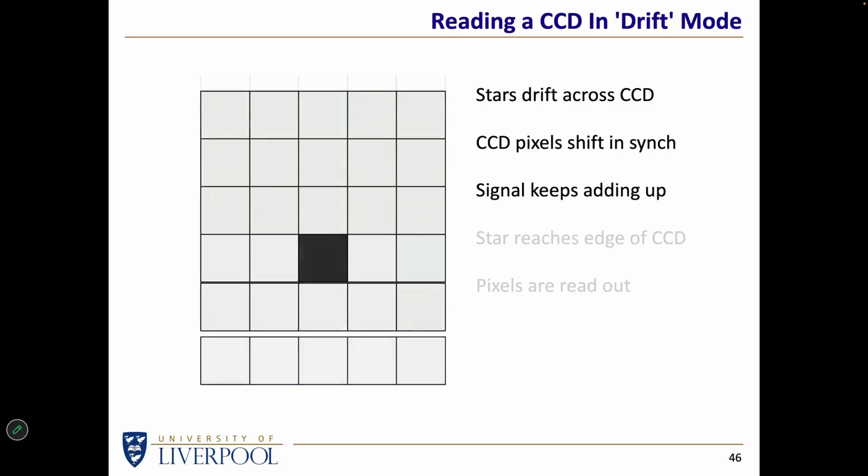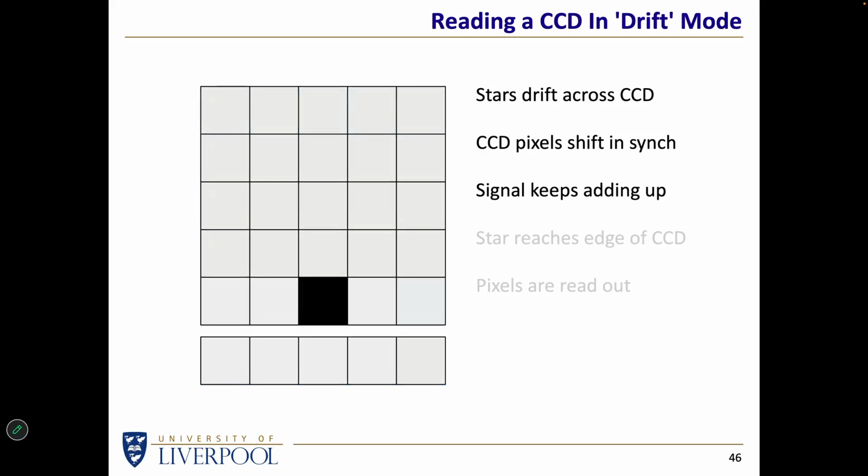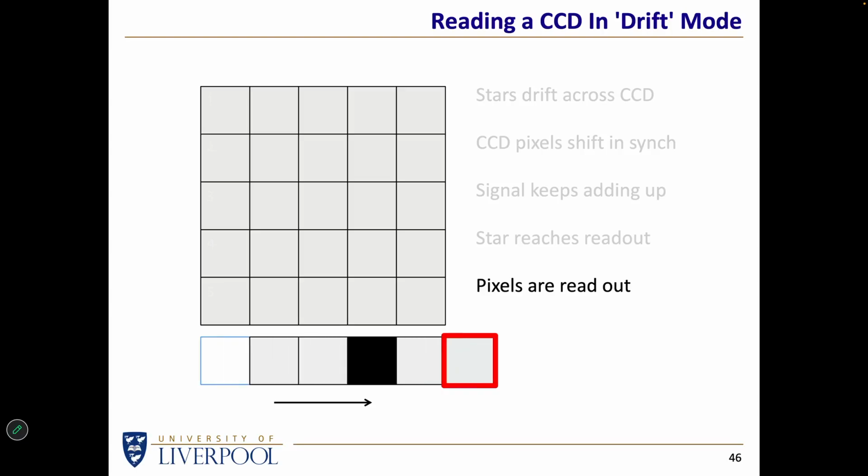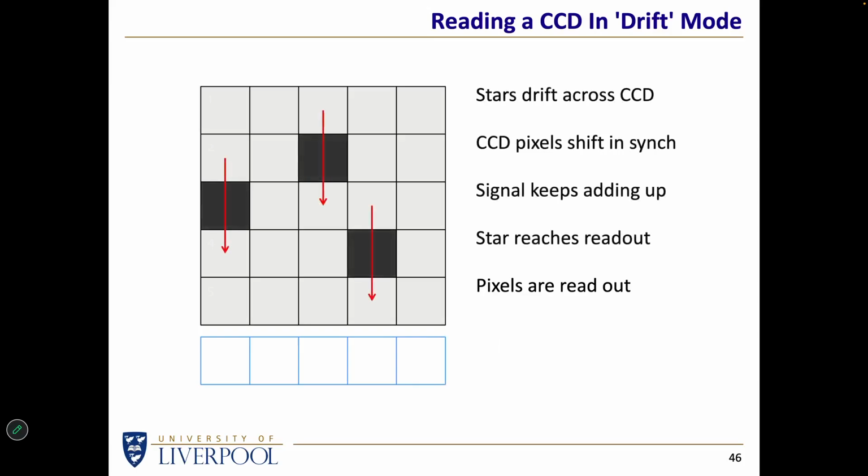So the star always stays in the same pixel till it reaches the end. Once it reaches the end, the pixels are read out, and when you find a star, you make a note of the time that happened. So Gaia is not taking pictures, it's actually recording the times at which stars arrived at particular points in the detector. And it effectively is doing that continuously.